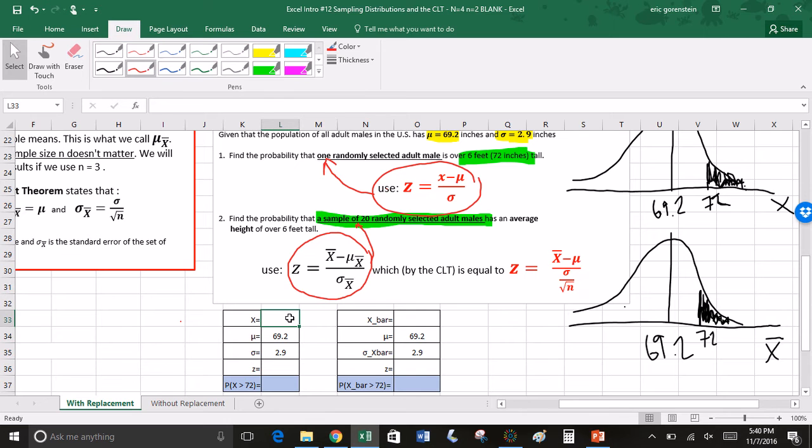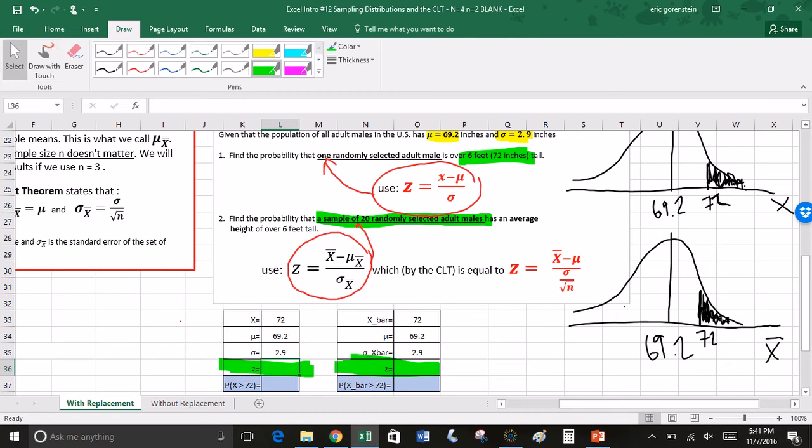Our x value is 72, again 72 in both cases. In problem 1, we want the probability that x is greater than 72, a single x value. In problem 2, we want the probability that an entire sample of 20 men has an average height larger than 72. Again, this is the only difference here, how we calculate the z-scores.